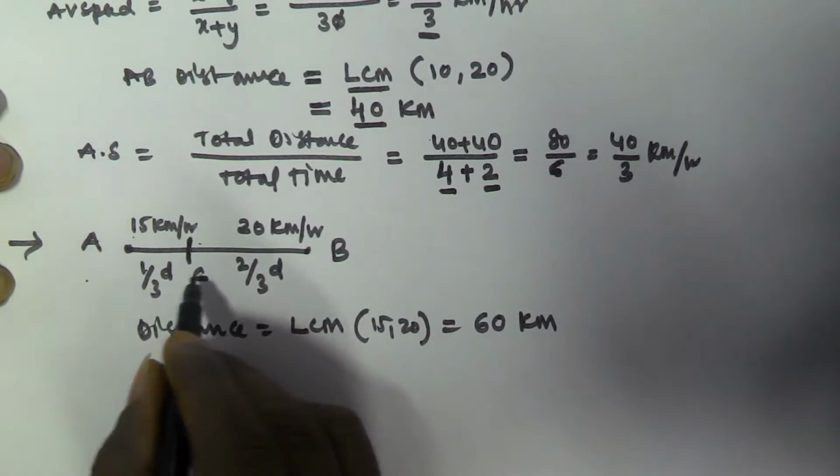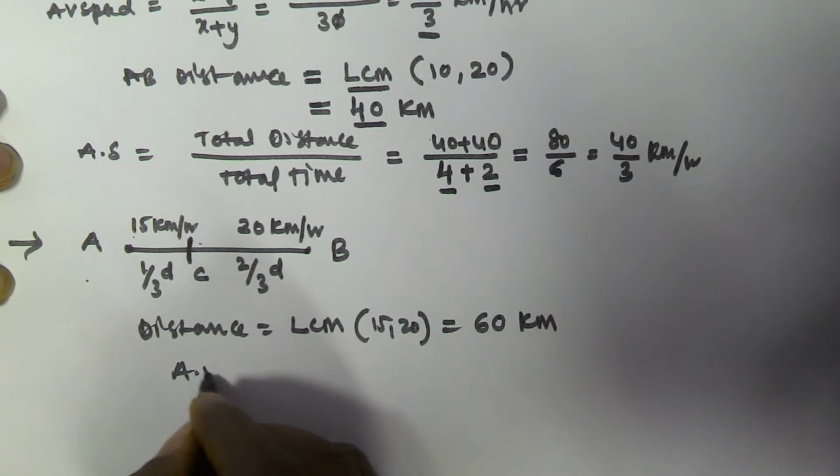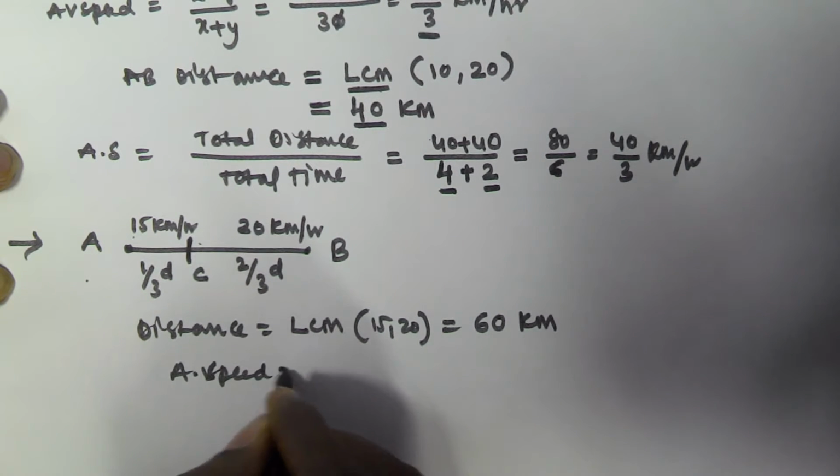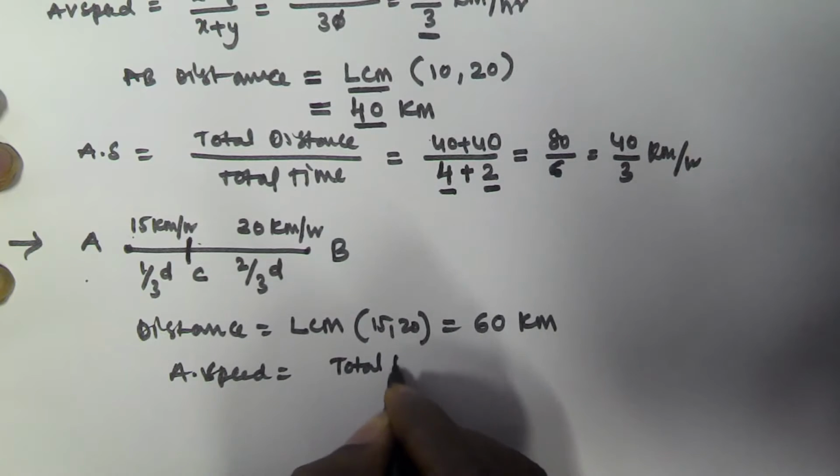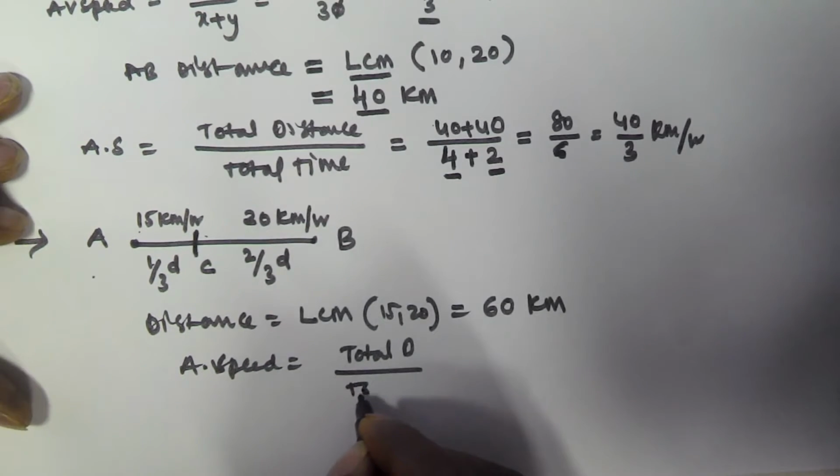So the average speed is equal to total distance by total time.